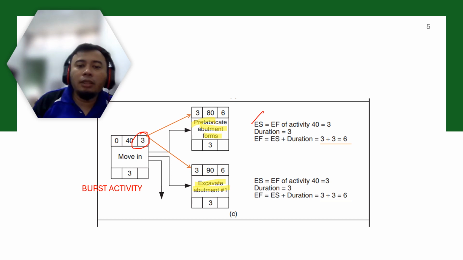Day 3 plus duration 3, so your earliest finish is 6. The same goes for activity 90: its ES is equal to the EF of activity 40, so 3 plus 3, day 6 is when you finish excavating the apartment.